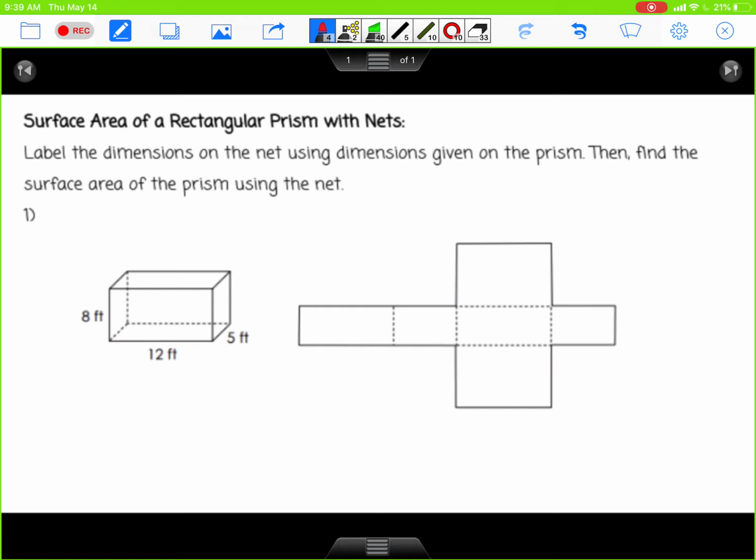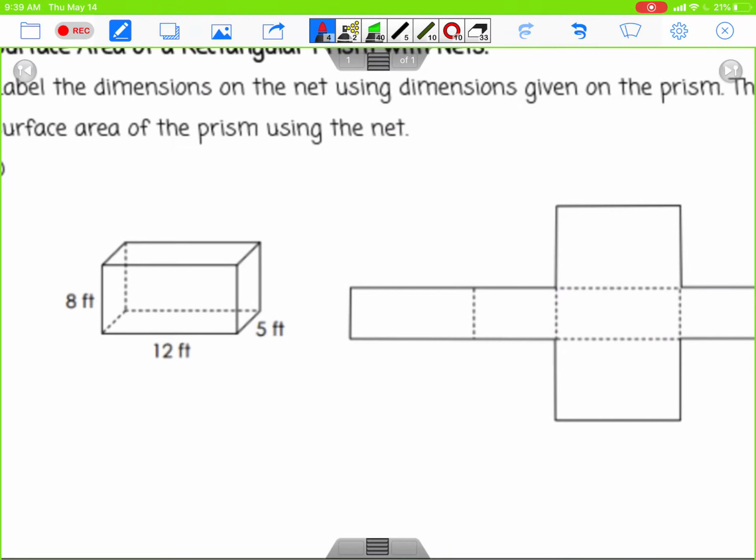When I open up this 3D shape, you see I have 1, 2, 3, 4, 5, 6 different rectangles within it. After I open it up, I want to label each rectangle with a length and width. I'll work with this first rectangle first.